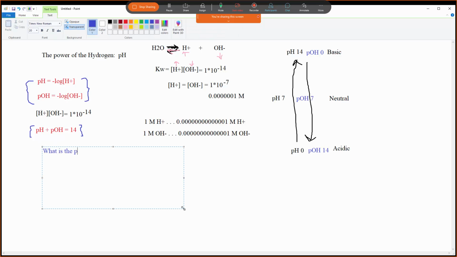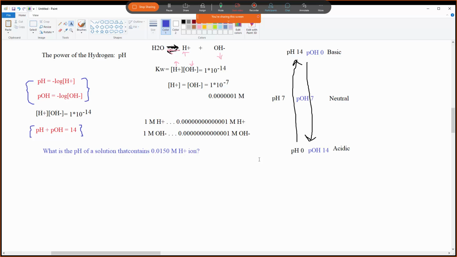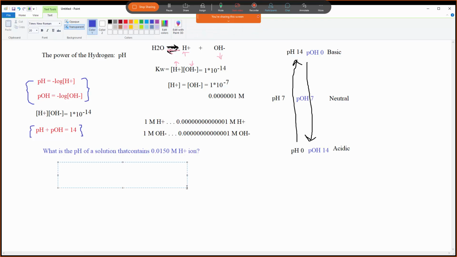What is the pH of a solution that contains 0.0150 molar of the H plus ion? And you would say, well, I know the H plus ion, and I'm just going to plug it in here. So my pH is equal to the minus log of the H plus ion, which is equal to the minus log of the 0.0150, which is equal to what?